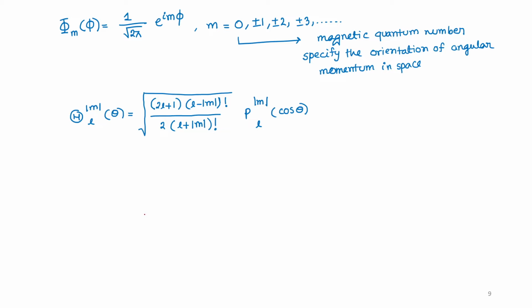And this polynomial, P_l^m in cos theta, is known as the associated Legendre polynomial, and this is actually given by, so I will give you a separate mathematical expression.